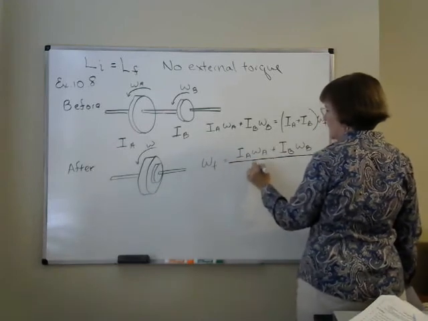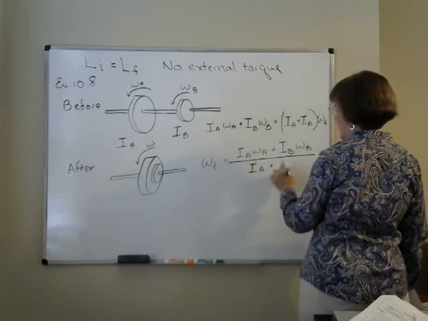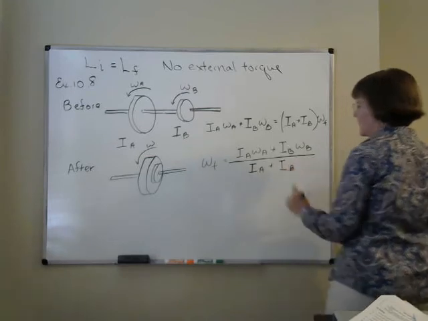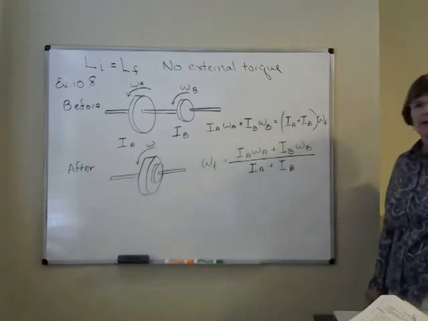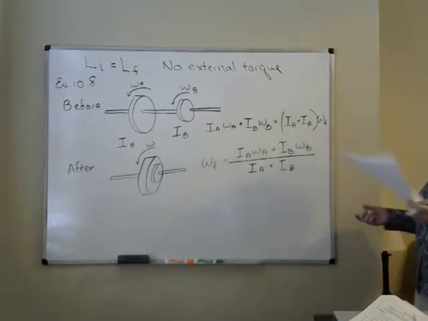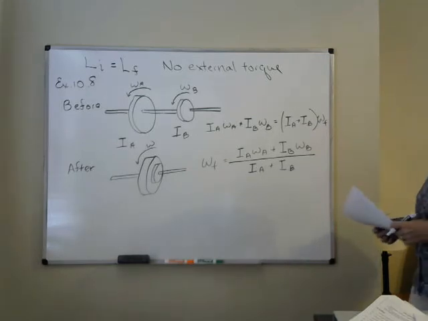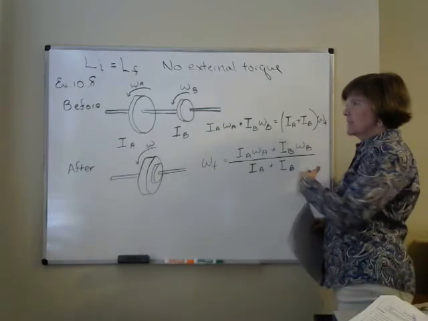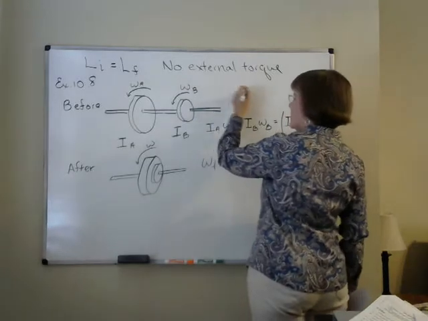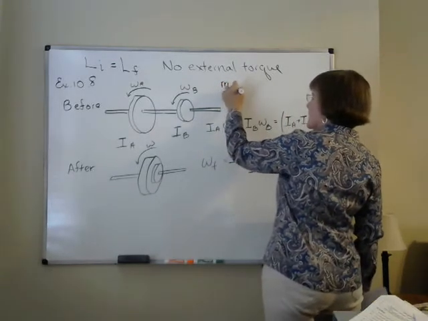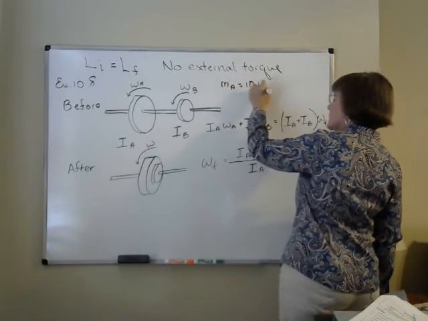Divided by... there we go. If you like, we could put in some numbers. Let's just make this up. Suppose that mass A is 10 kilograms.